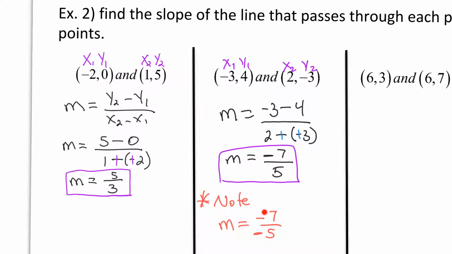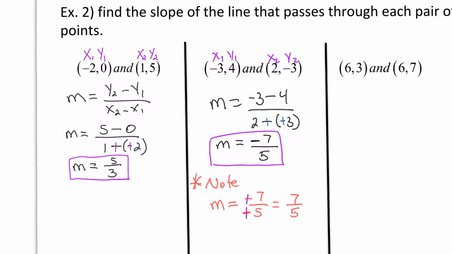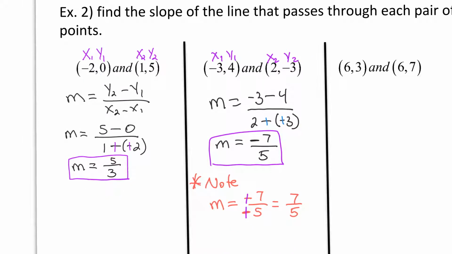If you have a negative on the top and a negative on the bottom, negative divided by negative will turn positive. So in this case, your slope is going to be a +7 over 5 because you have two negatives, one on the top and one on the bottom. And you guys can write that as m equals 7 over 5.